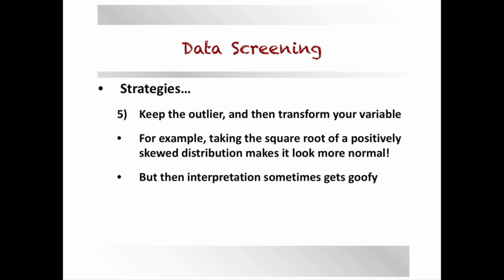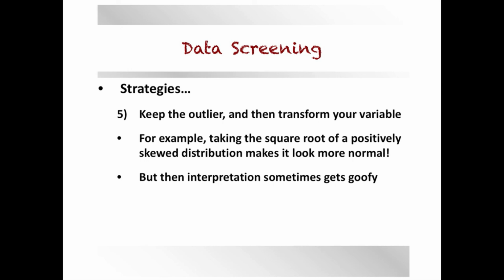So you can take square roots, you can square things, you can do various algebraic transformations that make your distribution look more normal. Well, I just have that the interpretation here gets sometimes pretty goofy or strange. So like, I think that the correlation between fashion sense and the square root of basketball interest is going to be significant. It's hard to interpret sometimes. So I'm a psychologist.